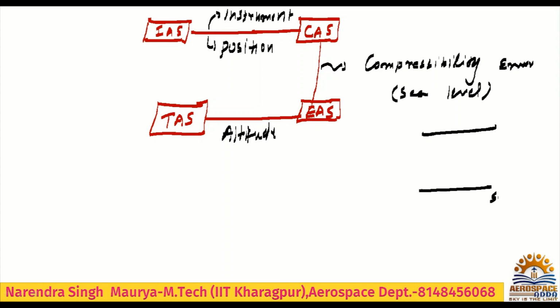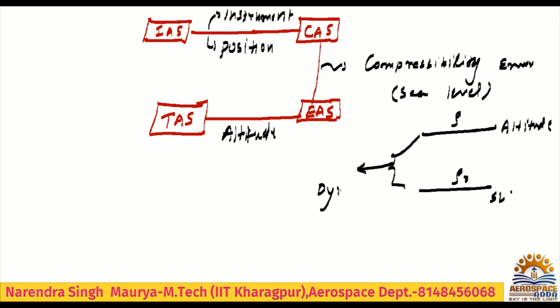Suppose this is sea level, and this is one altitude. At this altitude the density is rho, and at sea level the density is rho naught. Whatever the dynamic pressure is for sea level and altitude, that dynamic pressure will be the same here.